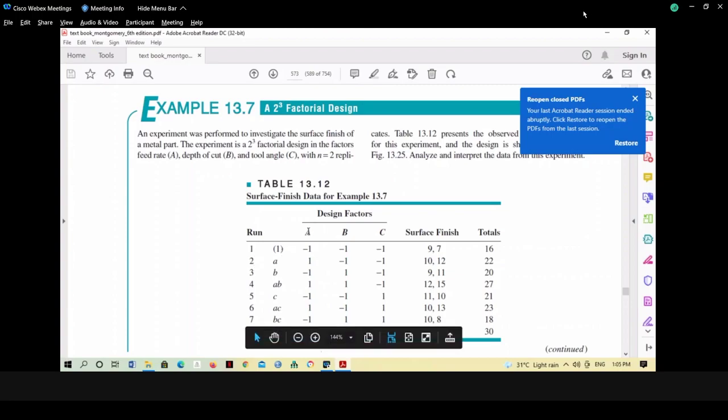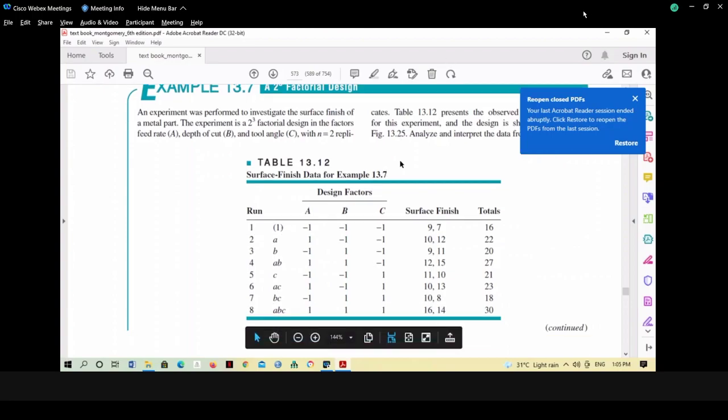And then 2 replicates. The response is surface finish, replicate 1 and replicate 2. You need to analyze using ANOVA.